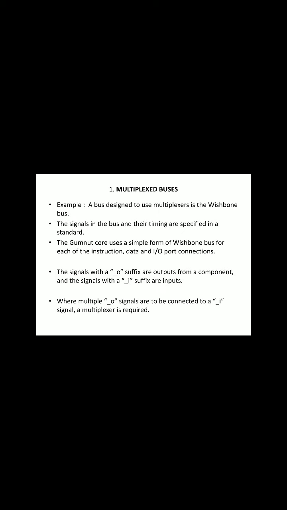The signals in this wishbone bus come with a timing specification. In the GUMNet processor we saw different input ports and output ports, and an acknowledgement port and strobe port. In that, O stands for output and I stands for input. In the last lecture we saw the significance of O and I.